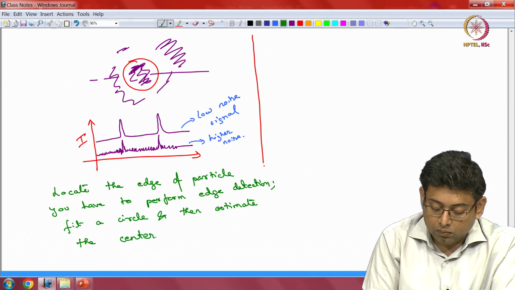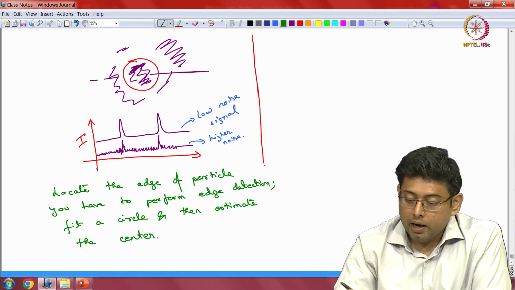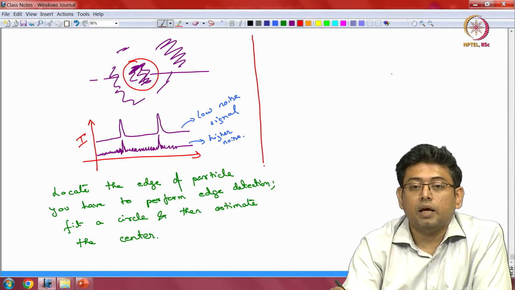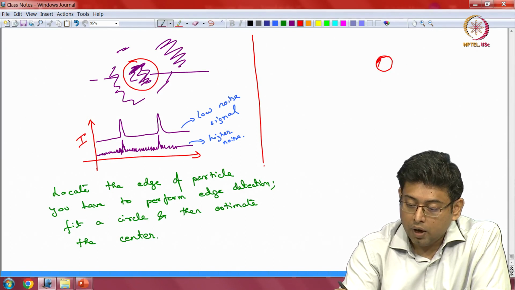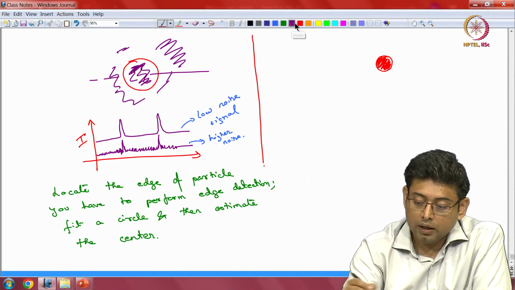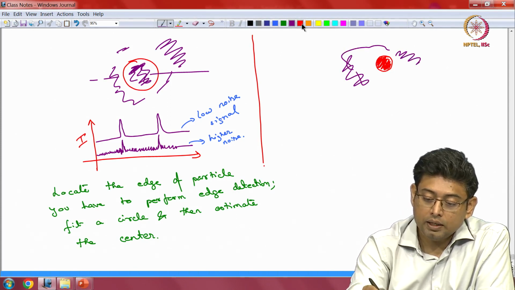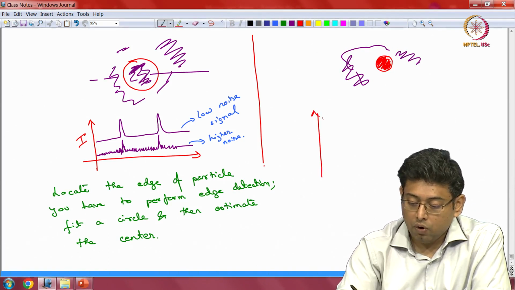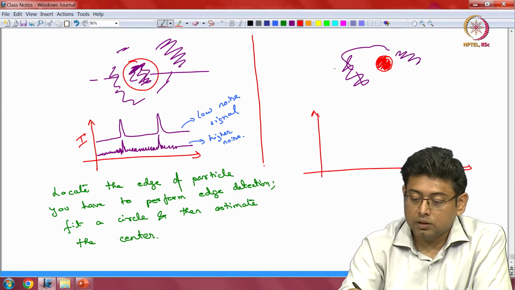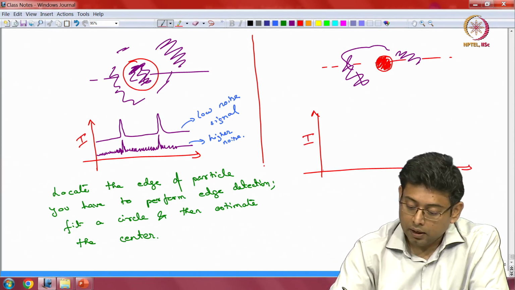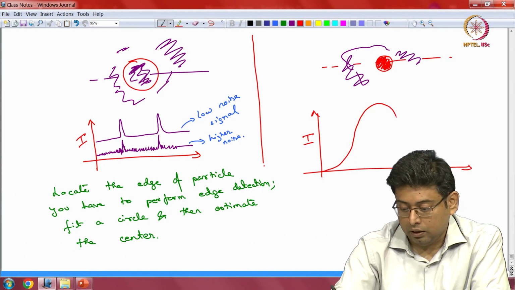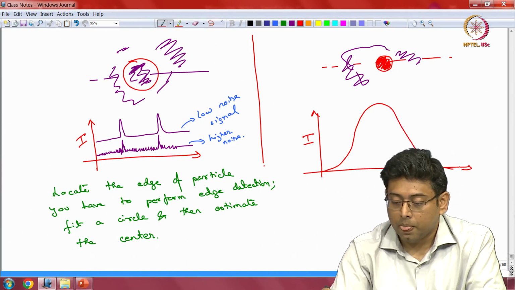On the other hand, if you do something like the fluorescent imaging that I had shown you, your particle may appear such that you have a significant signal from inside the particle, and the outside of the particle looks very different, right? And we have already seen what an intensity profile in this kind of a situation will look like. So, if you draw your intensity profile across a certain cut like this, you will get a nice curve like this. Okay.